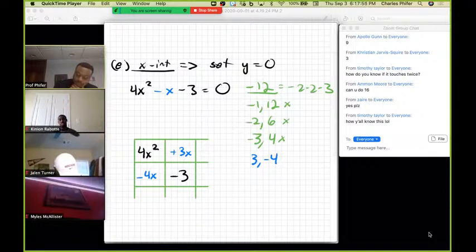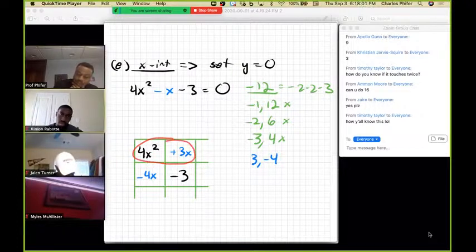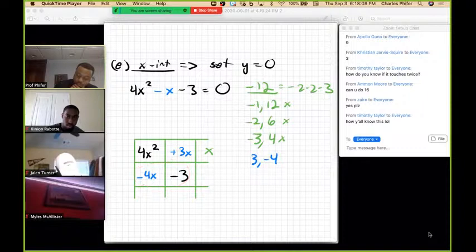What can we factor out of these 2? X. They both have an X, right? So they both have X. What do the bottom 2 have in common? Negative 1. We can factor out a negative 1 from both of those.